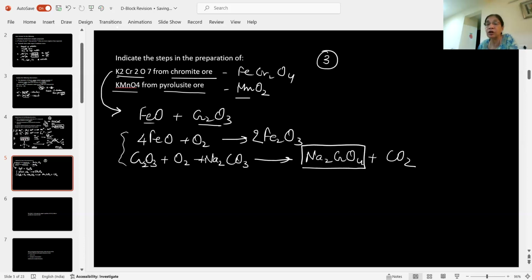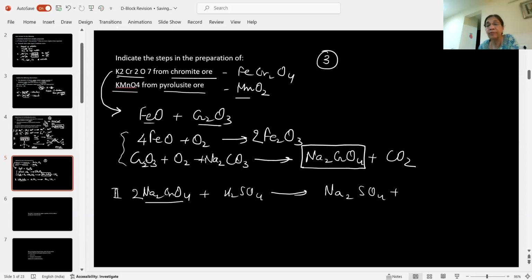In the second step, Na2CrO4 plus H2SO4. In acidic medium, chromate changes into dichromate. So 2Na2CrO4 will give you Na2SO4 plus Na2Cr2O7 plus H2O.